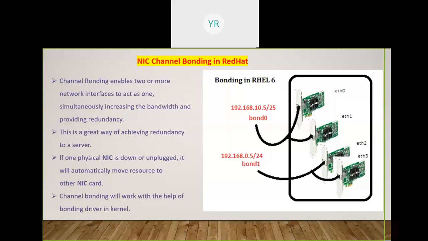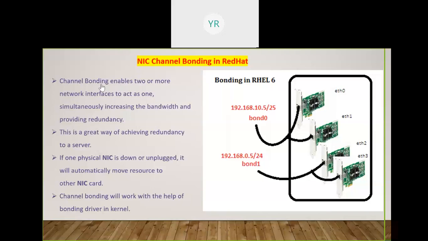That is also not desirable in the IT industry. They need continuity of service. In such cases there is a solution. In real time it is called fault tolerance and also load balancing. This bonding provides these two: fault tolerance and load balancing.